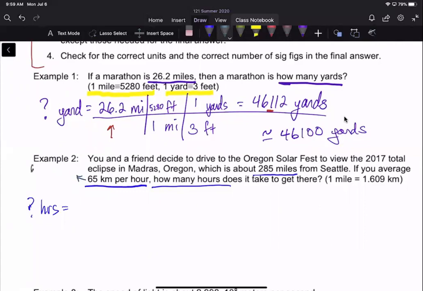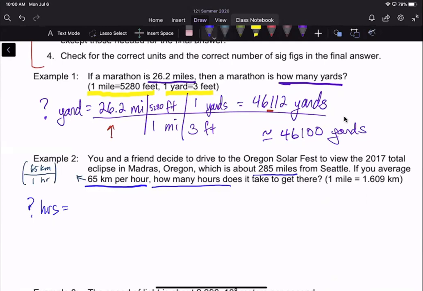That is 65 kilometers per 1 hour. And we can flip that however we want. How might we want to flip that in this problem? Well, I'm looking for hours, and that has hours in the denominator. So probably that's going to come into our calculation flipped upside down from the way I wrote it there.